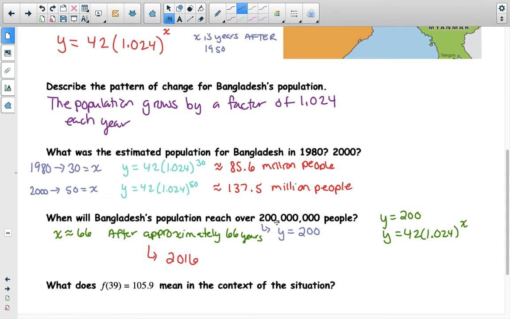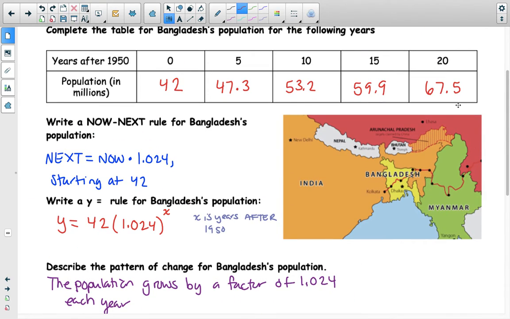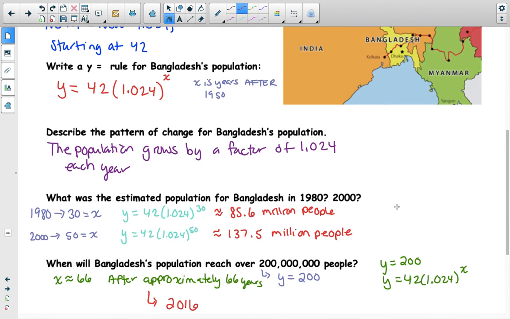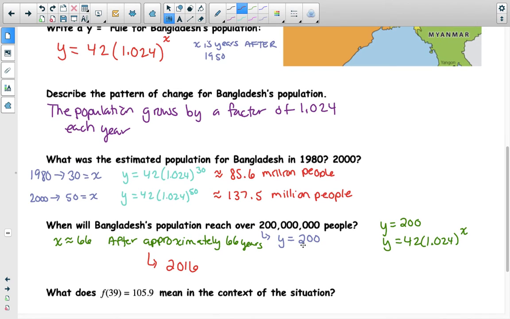So it would reach over 200 million. I'm only going to use the 200 and find where it crosses 42 times 1.024 raised to the x. Looking at the table, if we had kept going, we know it's after 50 because we're at 137 million at 50 years. If I kept going, at around 66 years we would have over 200 million.